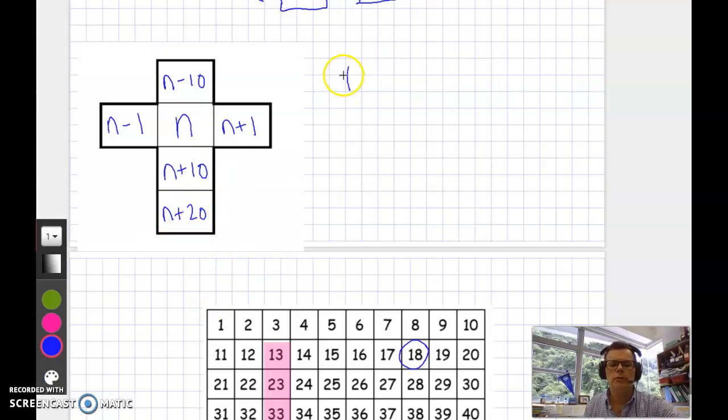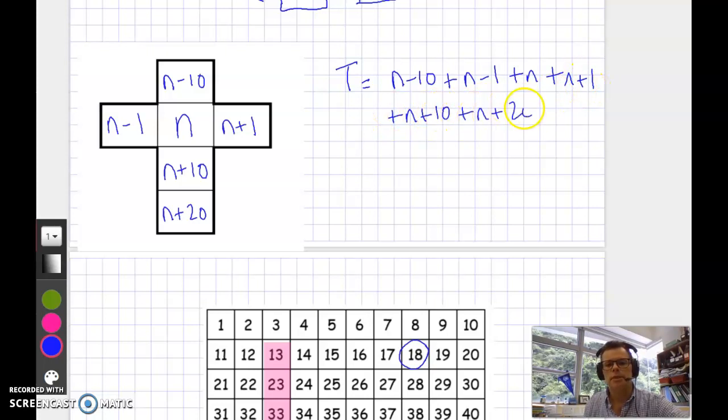The total, of course, then would be to add all these up. Well, that would be n minus 10 plus n minus 1 plus n plus n plus 1 plus n plus 10 plus n plus 20. And if you do know a bit of algebra, you've got n plus n plus n plus n plus n plus n, that's 6n. Now, can you guess what the numbers will be?